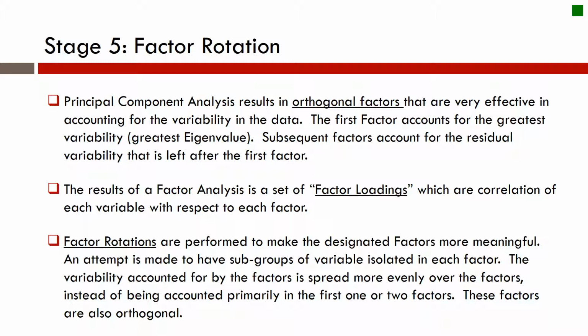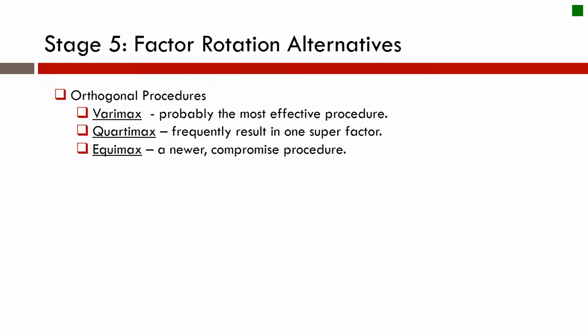There's a lot of theory, resources, and information on different types of factor rotations, and we have a lot of options available to us, which are basically broken down into two components, either orthogonal rotations or oblique rotations.